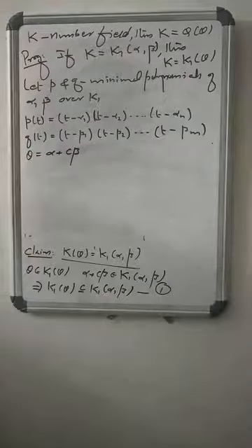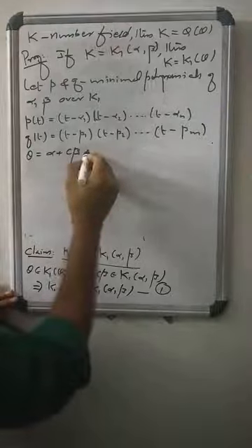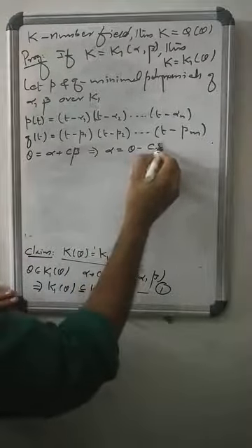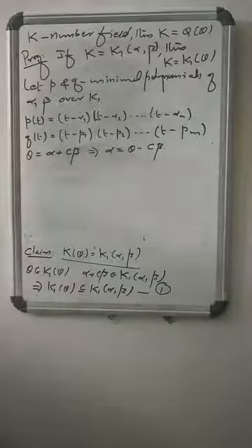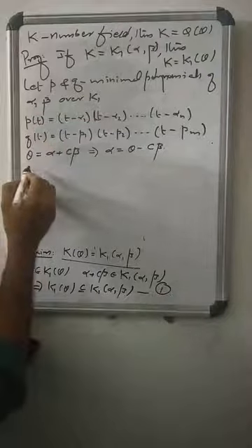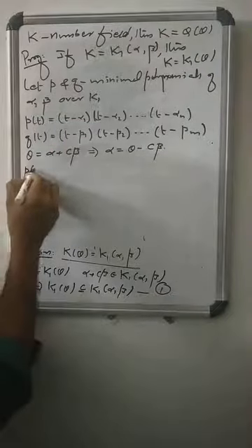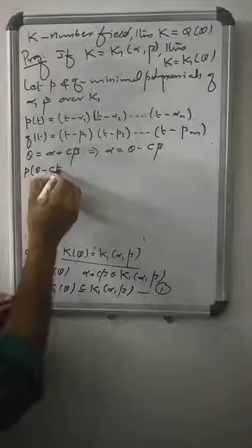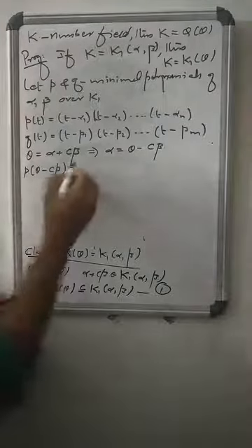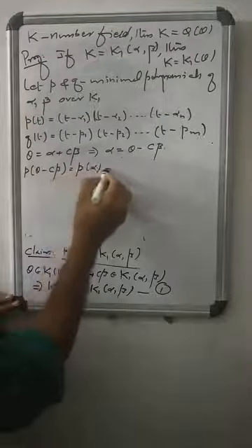That's our choice. So what is alpha? From here, alpha equals theta minus c beta. Clear? Okay. So what is P of theta minus c beta? P of theta minus c beta is P of alpha.